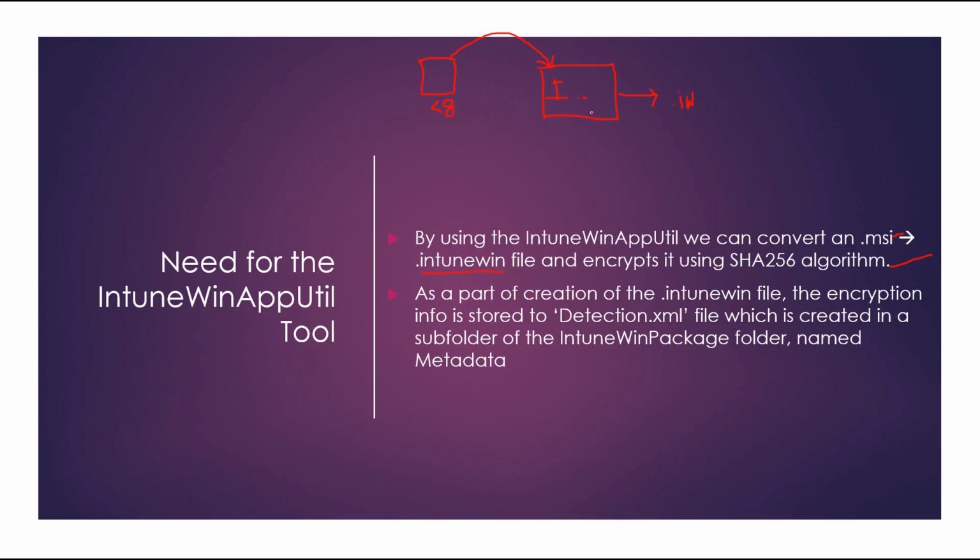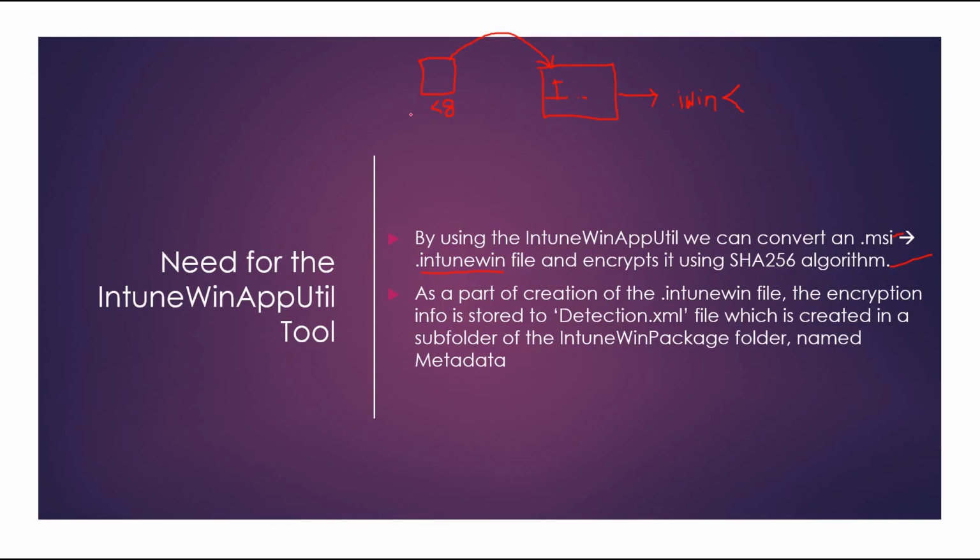If we take a closer look, we will see that when we are using this utility, it creates a .intunewin file, and we can crack open this .intunewin file, and we will see that it contains two things. First is, obviously, the setup file.